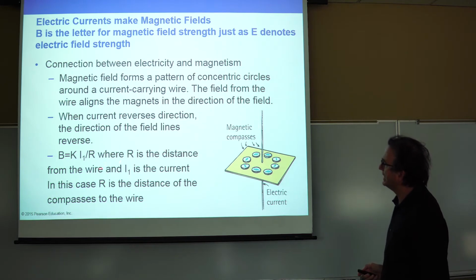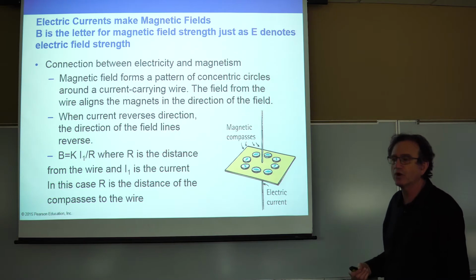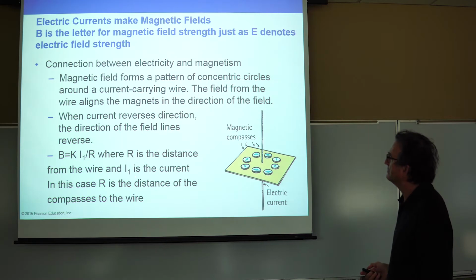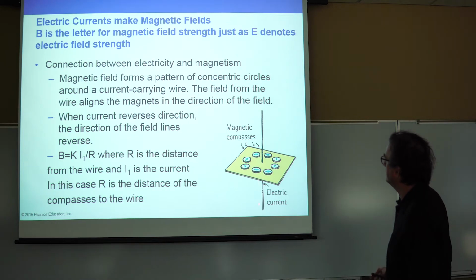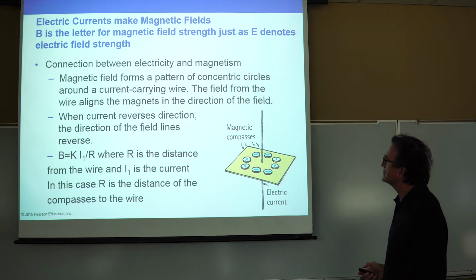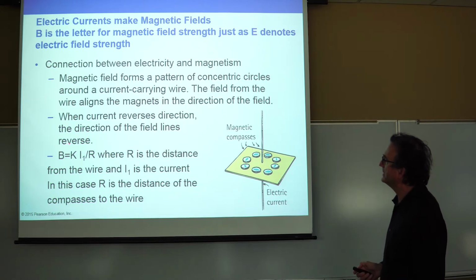The strength of the magnetic field, which is to say how strong the field is or how strong the force will be on a moving charge, is given by some constant times the current I1 in the wire, divided by the distance r. So there are two ways to increase the magnetic field.